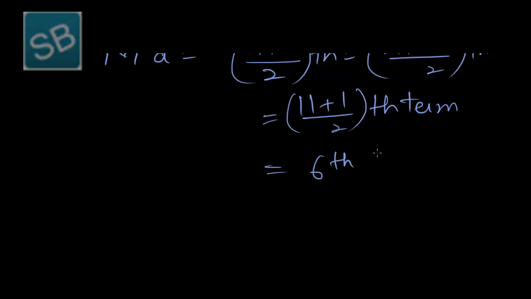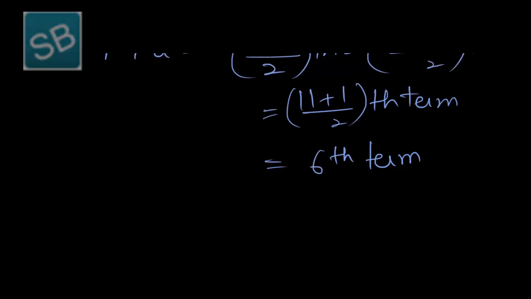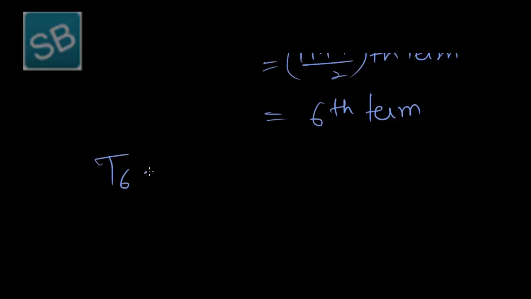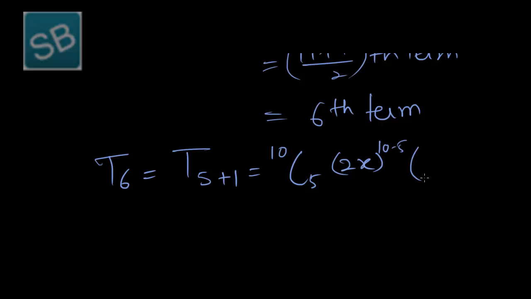So we have to find the 6th term of this expansion, that is T6, that is T of 5 plus 1. So we have to find nCr, that is 10C5, a is 2x raised to power 10 minus 5, into b, that is y raised to power r, that is 5.